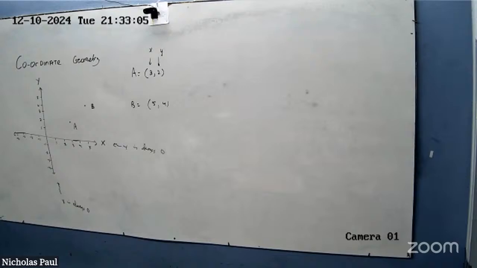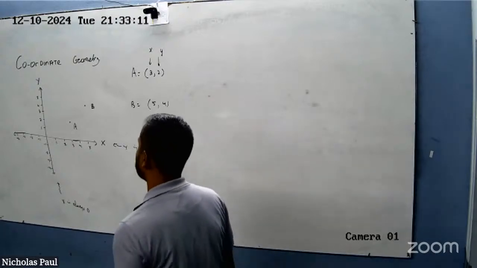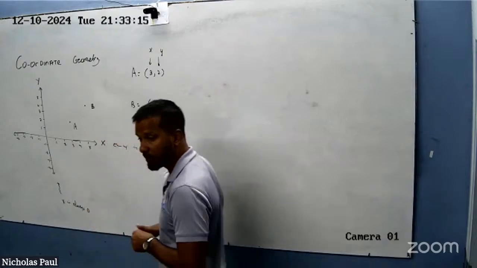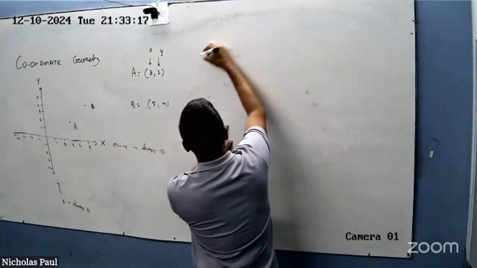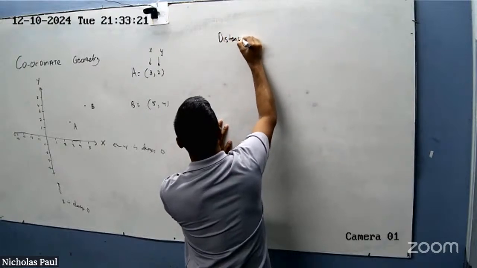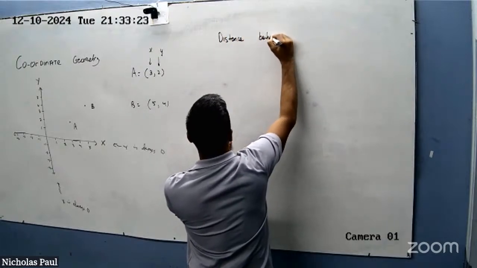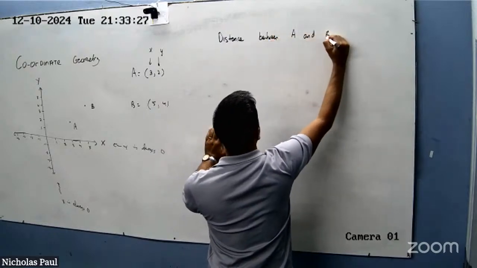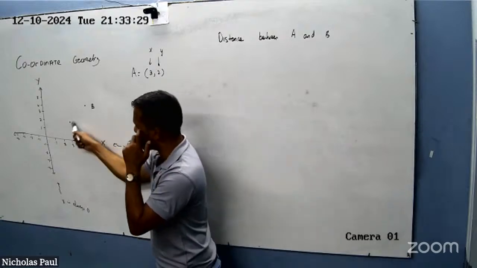Yeah. Right. So the first thing that we're going to try to find is the distance between A and B, right? So we're trying to get this distance here.